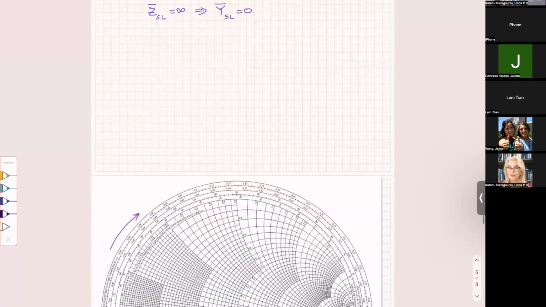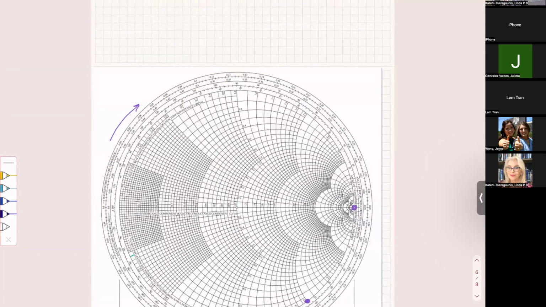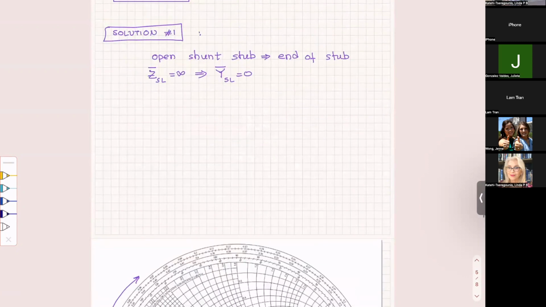So it's going to start here for an open stub.